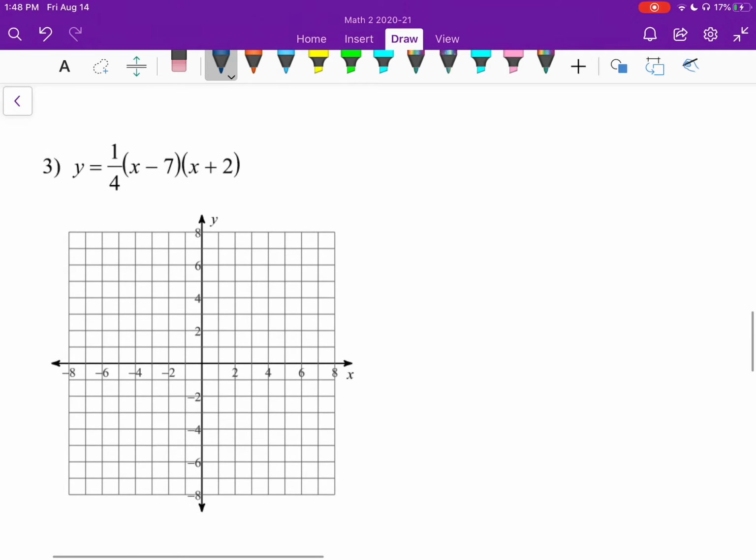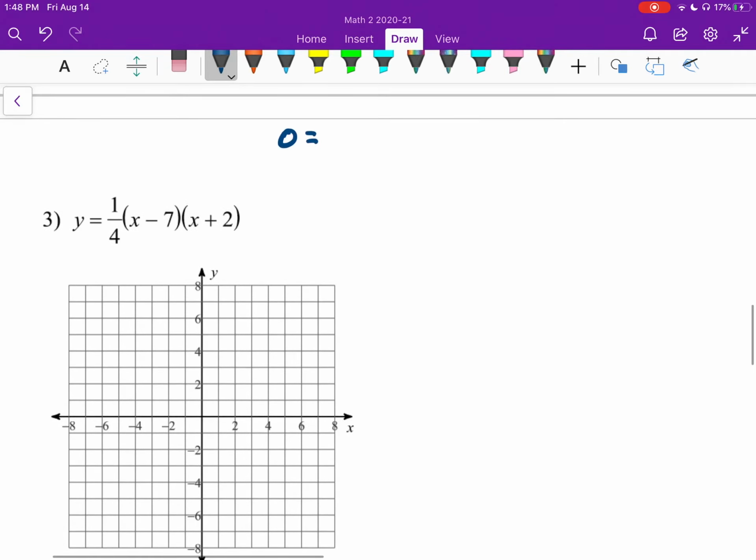We're going to start off by setting it equal to 0. So 0 equals 1/4 (x minus 7)(x plus 2). And when we solve this, the 1/4 doesn't matter a whole lot. It's just going to get absorbed in that 0.